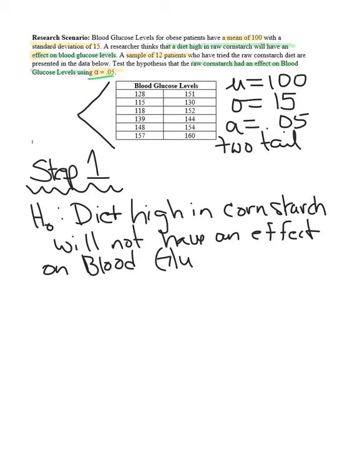So it's important that we have the variables, both variables. So the diet and glucose, those are the two things going on.